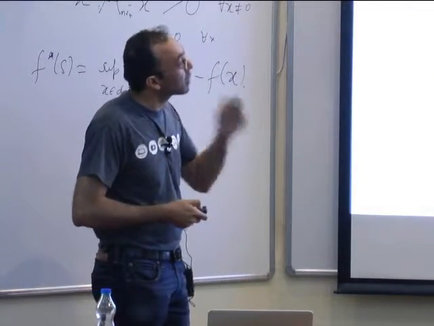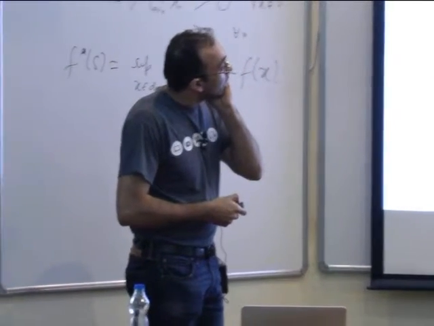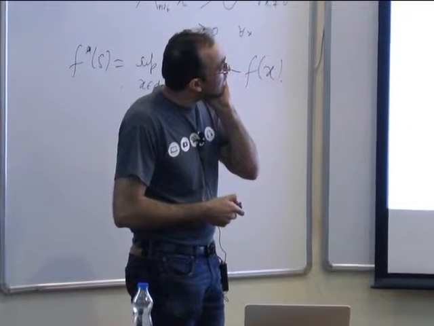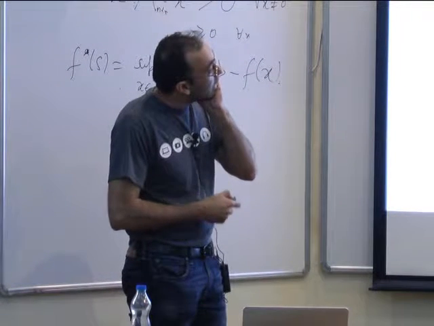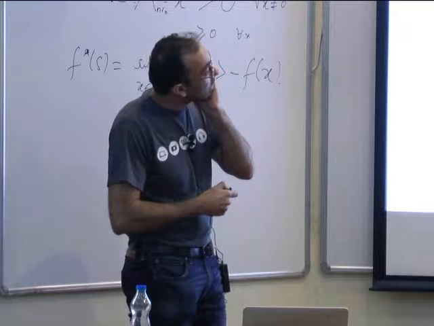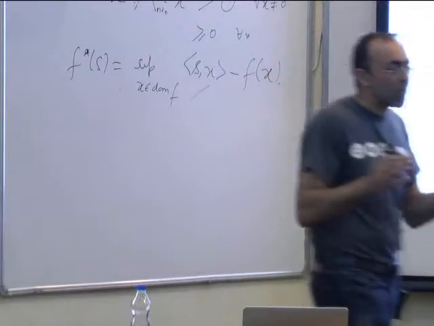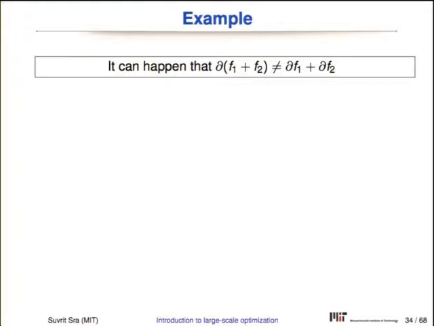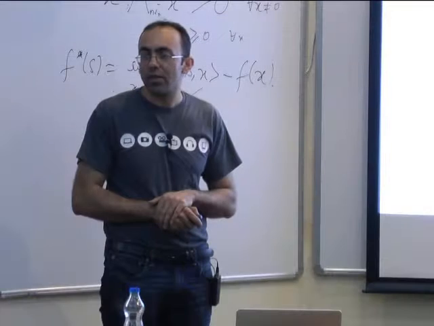I'll show one actual example, which is interesting and crazy at the same time. So ordinarily, that's the star. If you had two differentiable functions, the derivative of the sum will be the sum of the derivatives, and we are happy. For convex functions, it can happen that the subdifferential of the sum need not equal the sum of the subdifferentials.